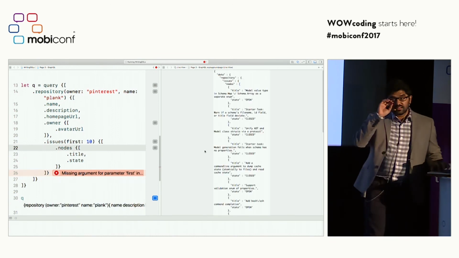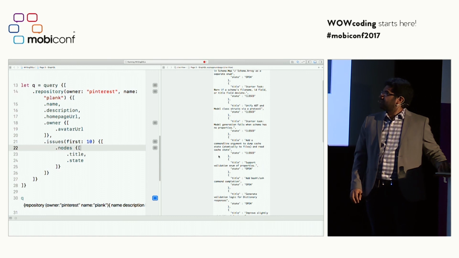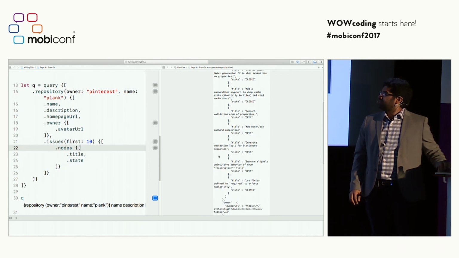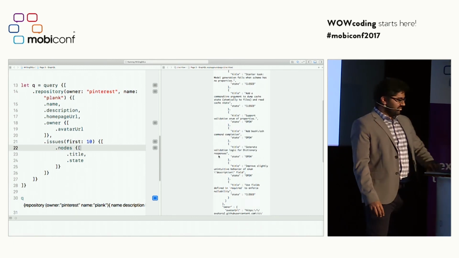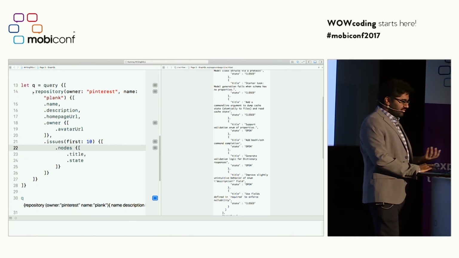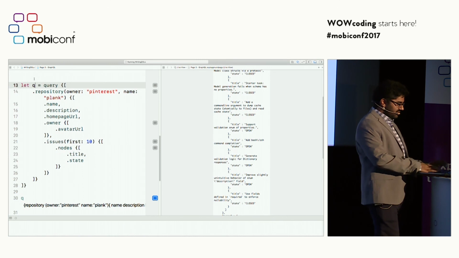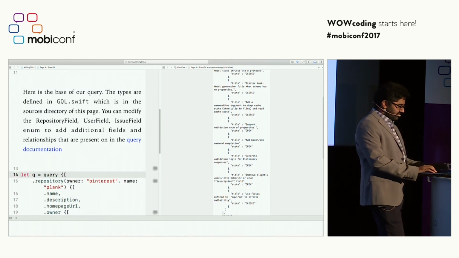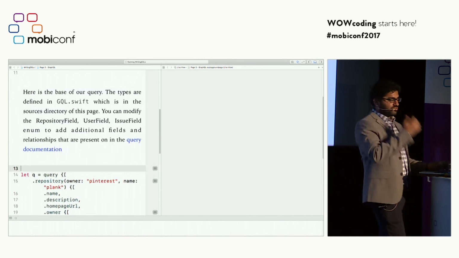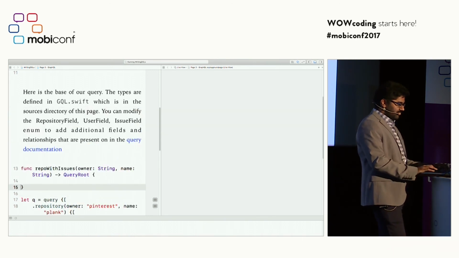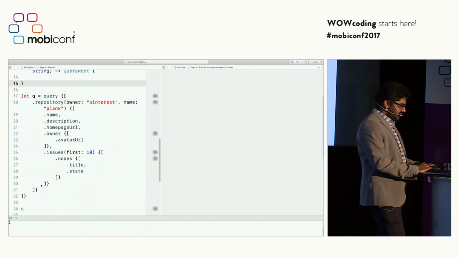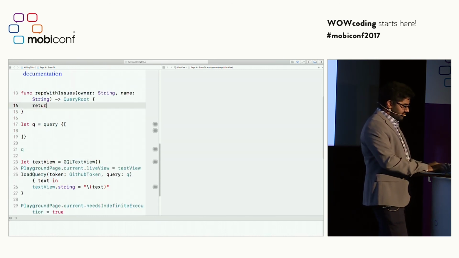And now you can see we have a list of issues on the repository I need to fix, and the name, description, homepage URL. But now that you have this in code, you have the full power of Swift at your disposal, so you can do anything to template this response. Let's say we create a function that represents our repository with issues query, and we're just going to return this here.